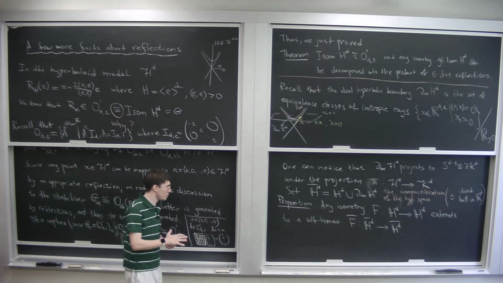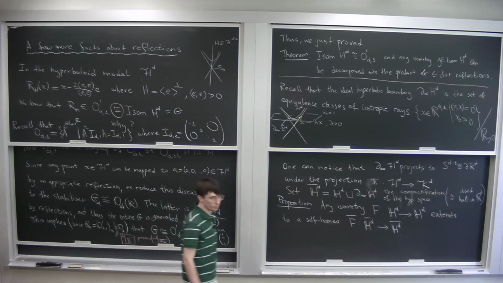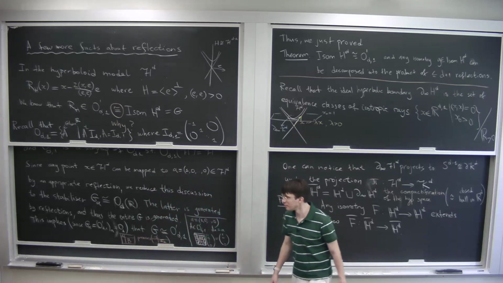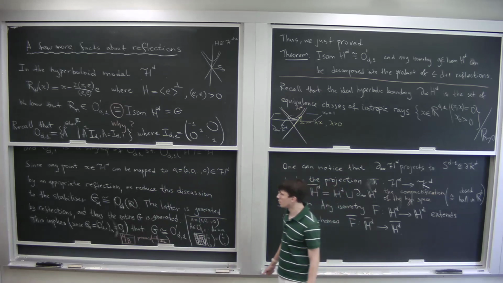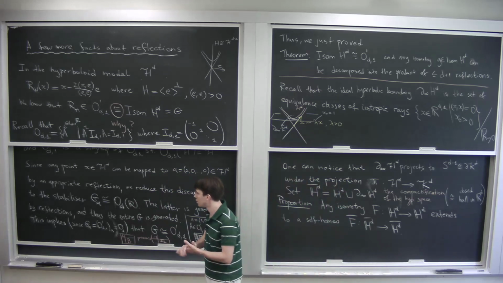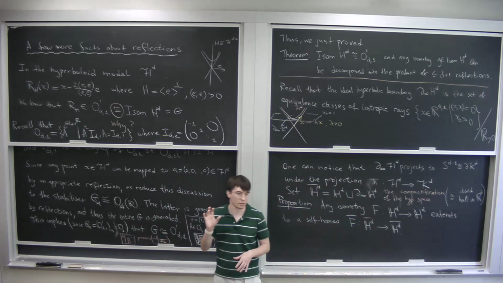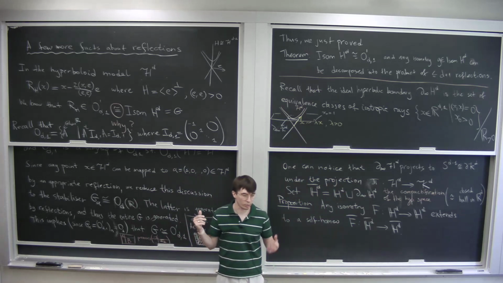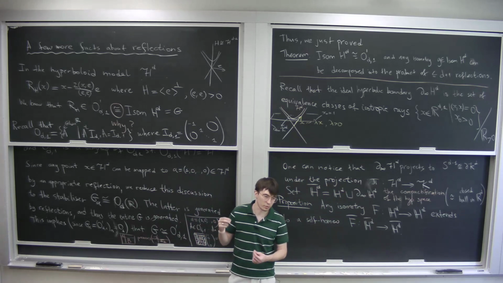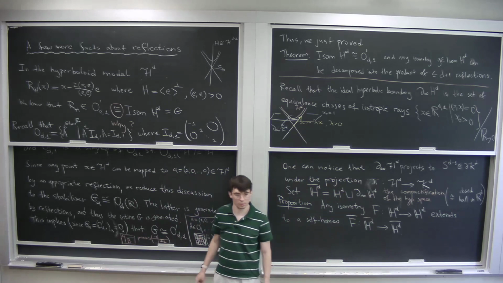So once you want to fix the point, it's the same compact group. You can think of the hyperboloid as a manifold with two connected components, but the stabilizer of any point there is the same.